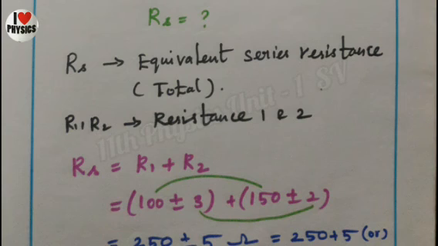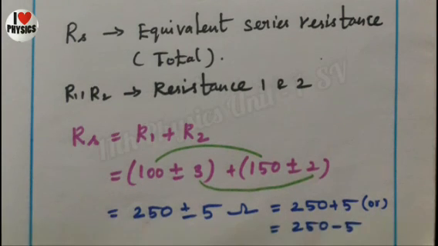Already we know the R1 and R2 values, so substitute in this equation. R1 equals 100 plus or minus 3, plus R2 equals 150 plus or minus 2. 100 plus 150 is 250, and the errors are plus or minus 3 plus or minus 2, so plus or minus 5.